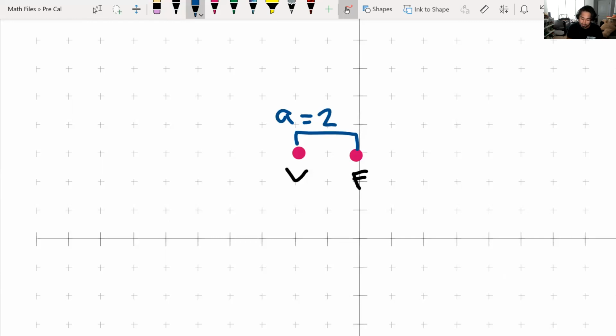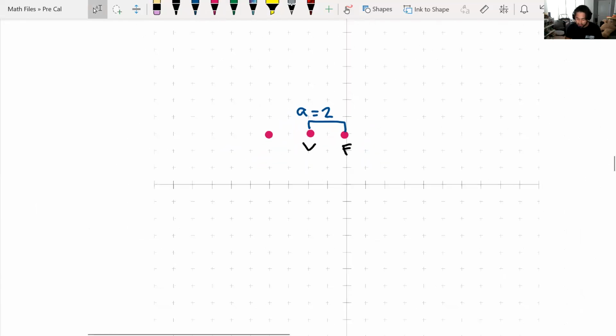So if the focus is to the right of the vertex, this means the directrix has to be to the left of the vertex, the same amount of units. So we're going to go 2 units to the left from the vertex and find the directrix. So 1, 2, right here is where our directrix will be, and it's going to be a vertical line.